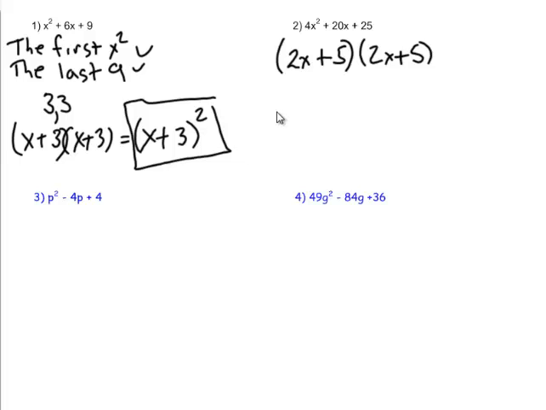Or I'm going to be dealing with negative 2x minus 5 and negative 2x minus 5, because negative 5 times negative 5 is 25 and negative 2x times negative 2x is 4x squared. But if I do this, you'll have a negative in the middle.